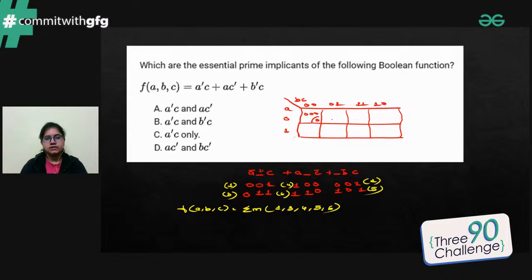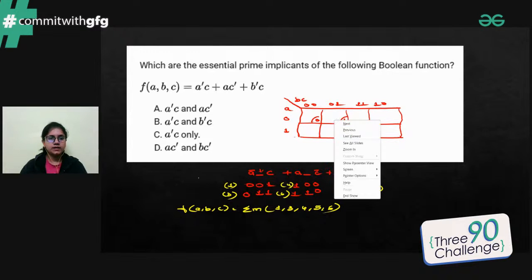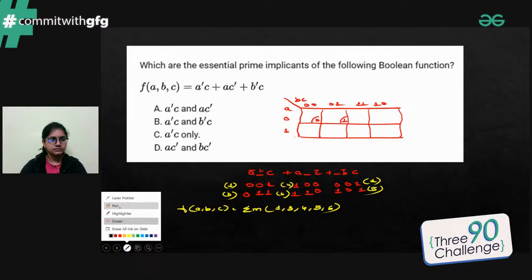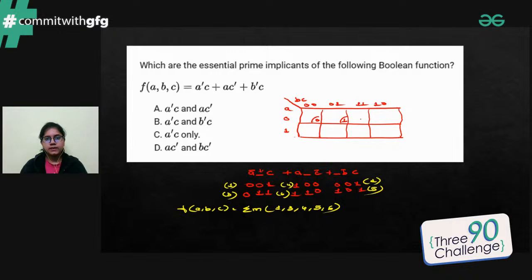This will be 0, 0, 1, so this cell number will be 1. This is how the cell numbers are named. So here it will be 3, this will be 2, this will be 4, this will be 5, this will be 7, and this will be 6.